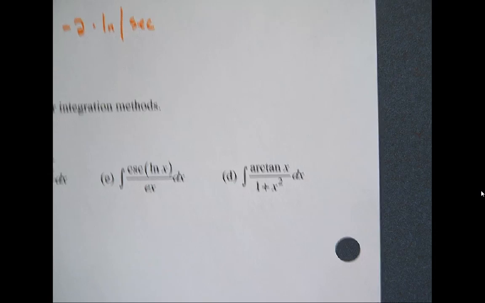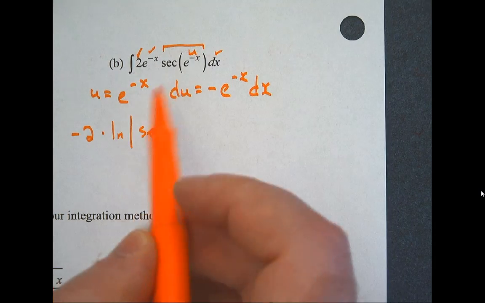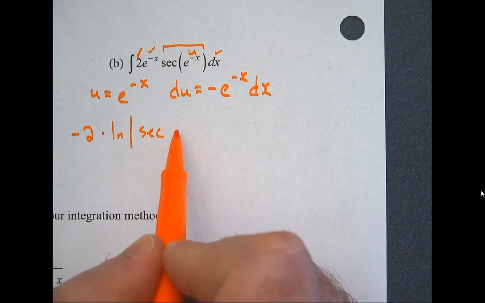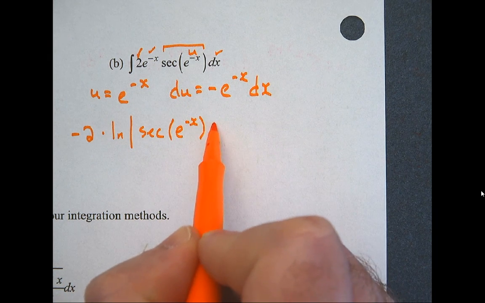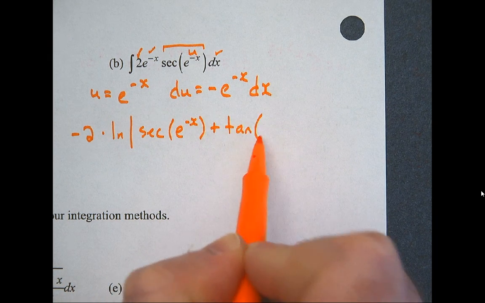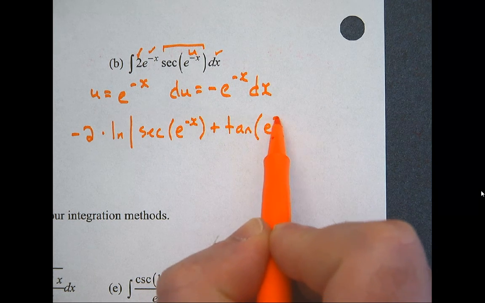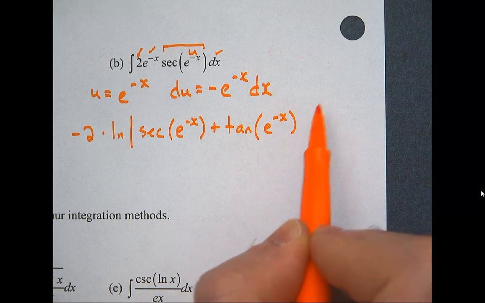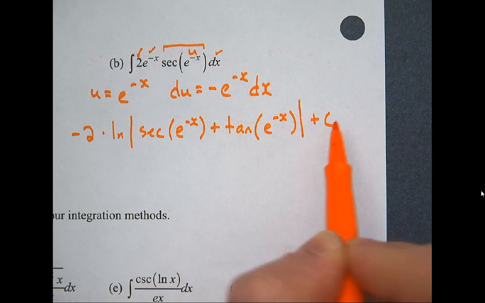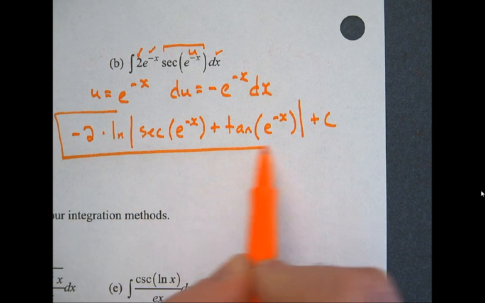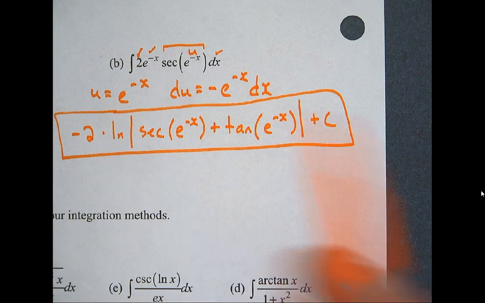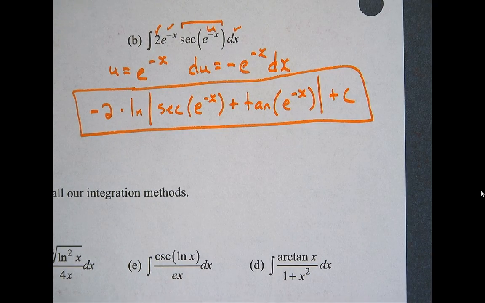So what I'm saying here is I need to now put back in secant of e to the negative x plus tangent of e to the negative x. So the first time I did that, I fell for it. Don't fall for the same trick. I'm not going to rewrite all that again just to get rid of that multiplication symbol. So we'll call that good.